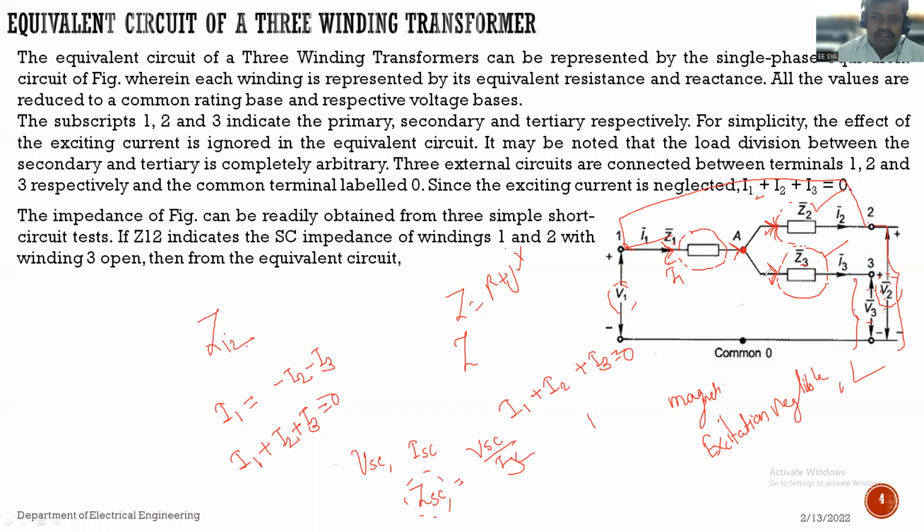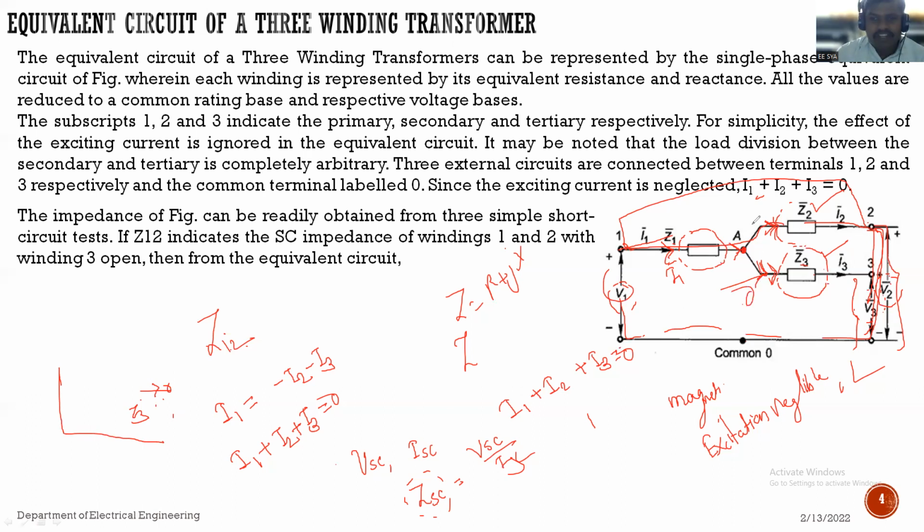If the third winding is open circuited, there is no current flowing through the third winding because it is open circuited. See how the connection will look. Terminal 1 to these two impedances; 2 and the common point are short circuited, and 1 and the common point are short circuited. So the connection will come directly like this. The winding with the middle impedance Z3, the third winding, can be open circuited. When it is open circuited, the current flowing through it will be 0.